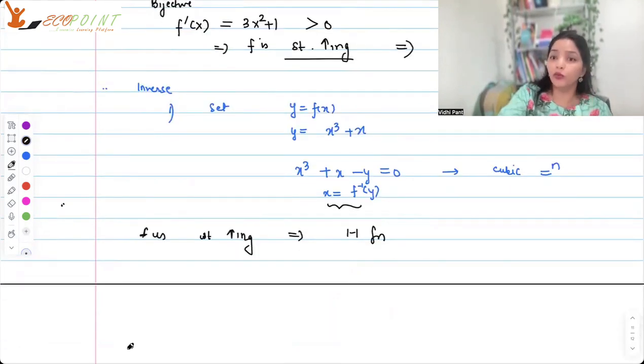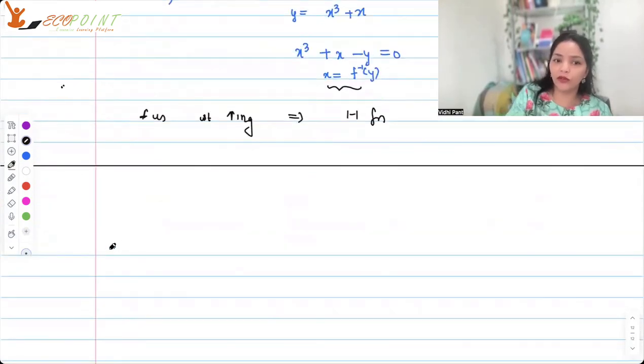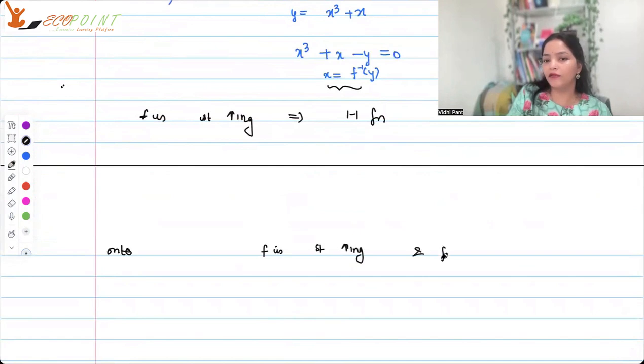And for bijective, I also require the condition of onto. So we will check for the onto condition. How will we do that? f is strictly increasing, and f(x) is x cube plus x. So you should do the limit analysis here. When x tends to minus infinity, f(x) tends to minus infinity.